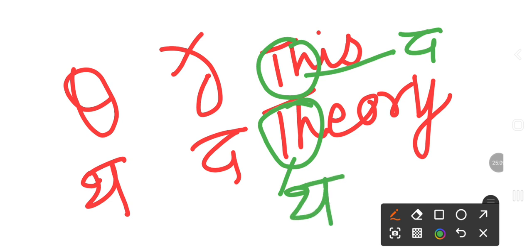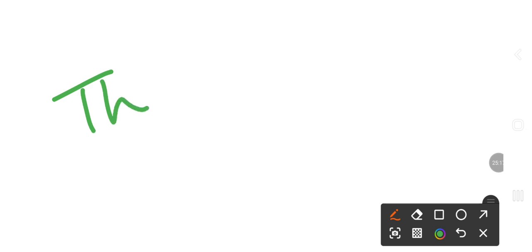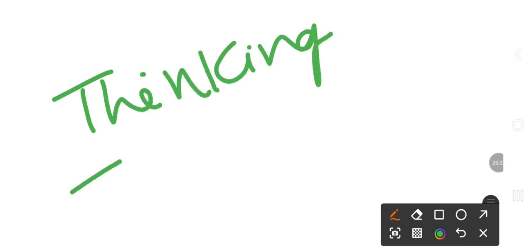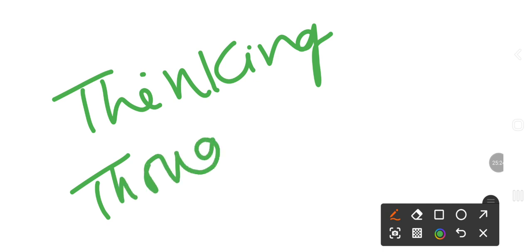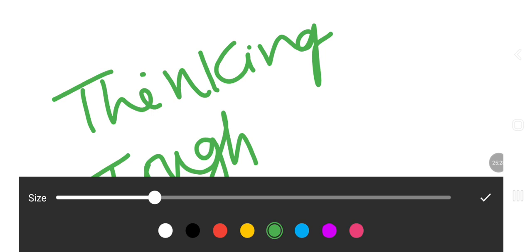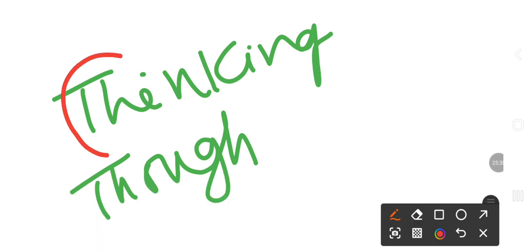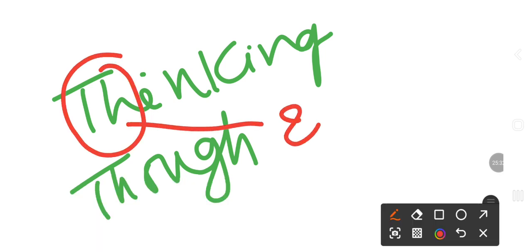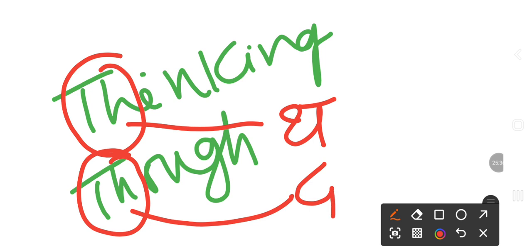Again confusion. Thinking and though. Another example I'm giving. Thinking and though. Here the same combination th is pronounced one way in thinking, and another way in though.